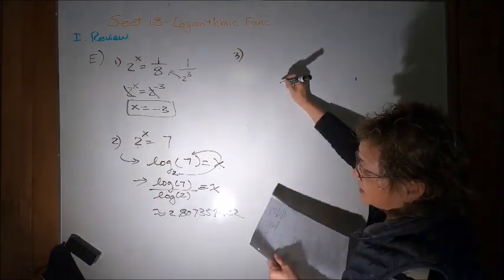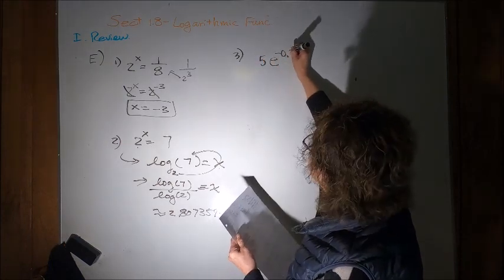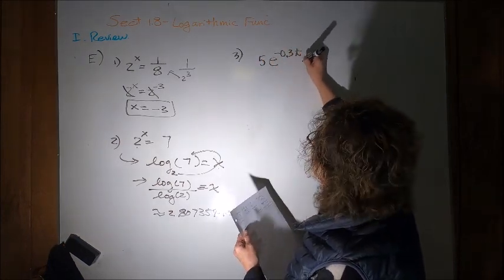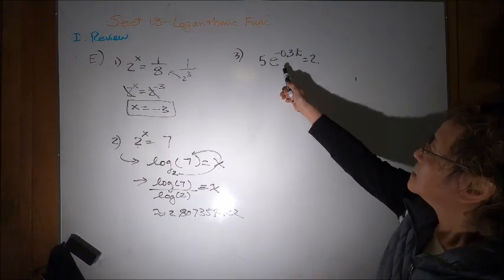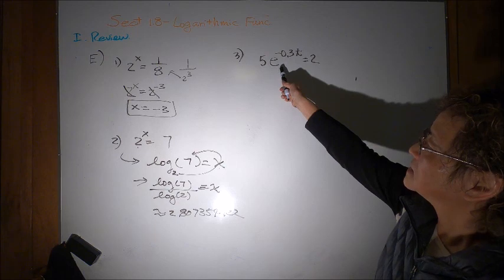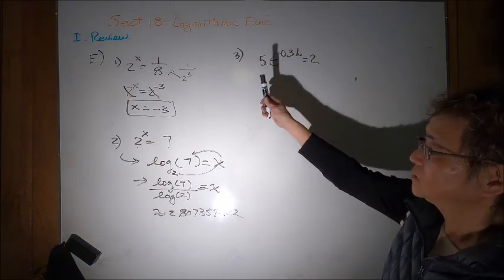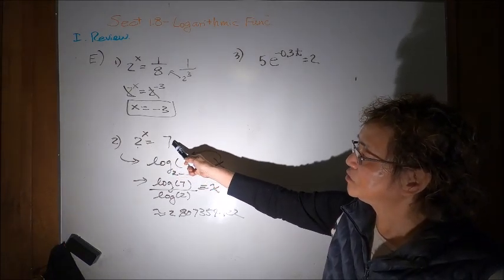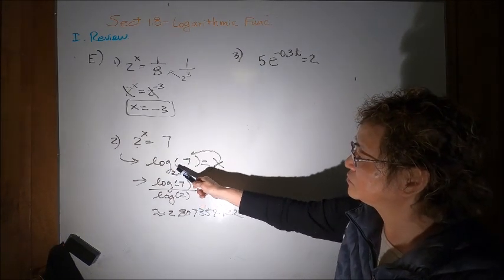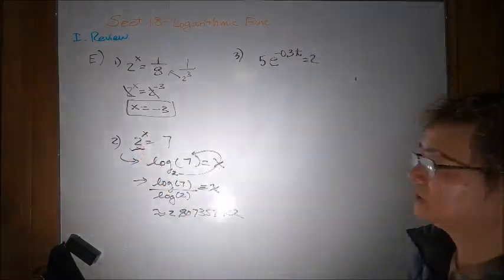So take a look if you have this one. How we are going to handle that? So that's that exponential thing. You have some other things outside. The way we can change the exponential equation and function to the log, it's just a simple exponential thing.